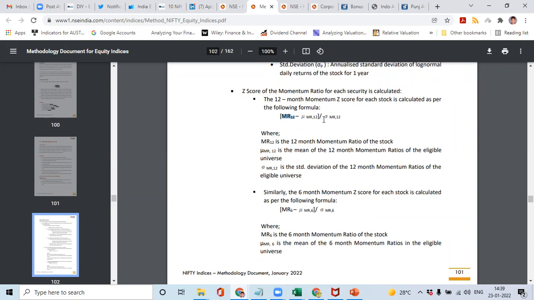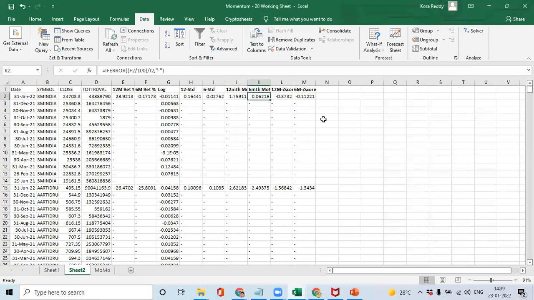Right? So that is what it is. 12-month ratio minus the entire average divided by the entire standard deviation.